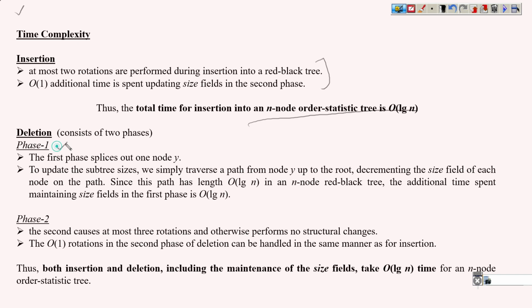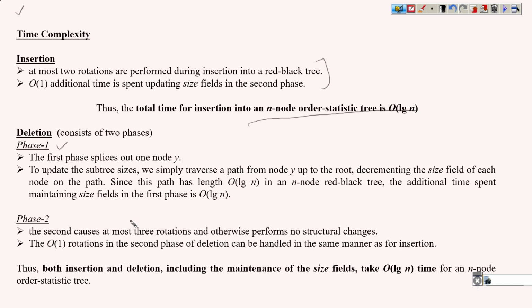So in the first phase, we decrease the size by one. In the second phase, when the actual node is deleted, a double black may come and we need to do some rotations to fix it. We know that a maximum of three rotations are required to fix our red-black tree.